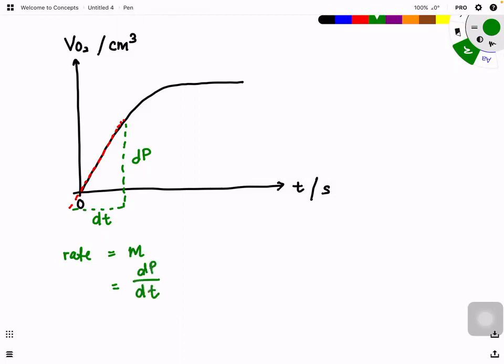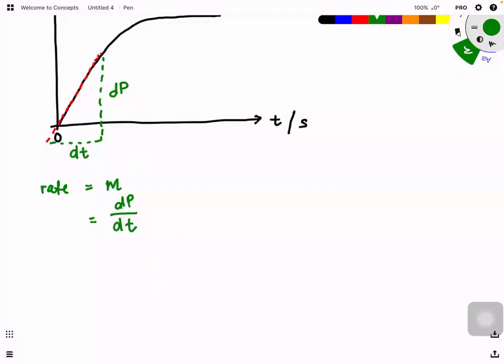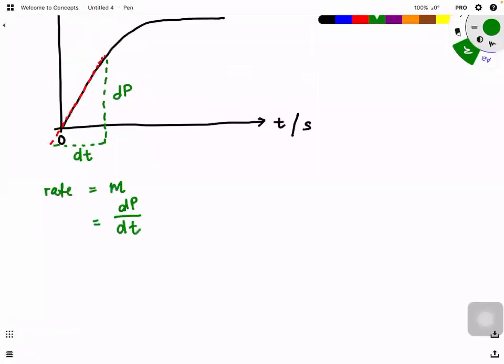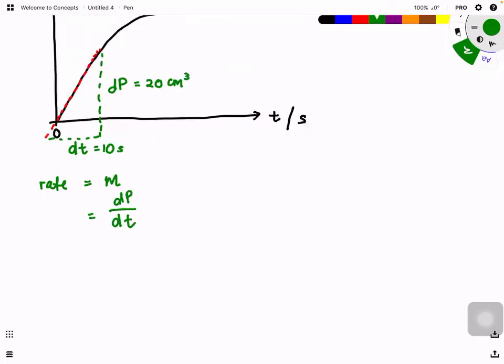So this one no problem, because at the end, let's say for example, dp equal to 20 cm3, t equal to 10 seconds. Therefore rate will equal to dp 20 over 10, so equal to 2 cm3 per second.